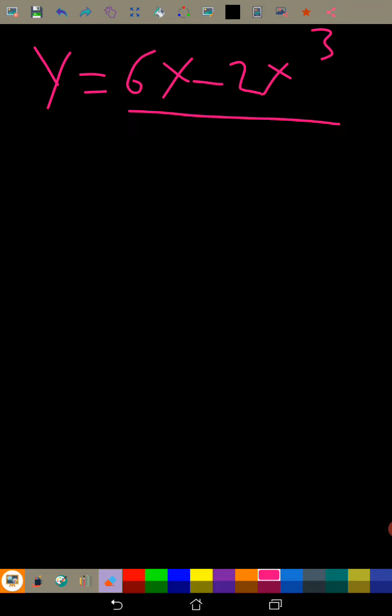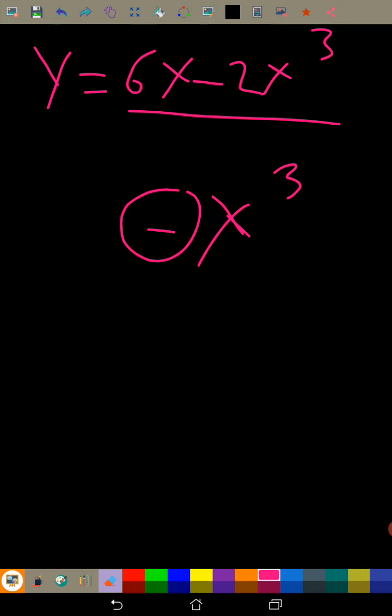Find the coordinates of the stationary points of the curve y is equal to 6x minus 2x to the power of 3. So this is a quadratic equation to x to the power of 3, and it's negative here.